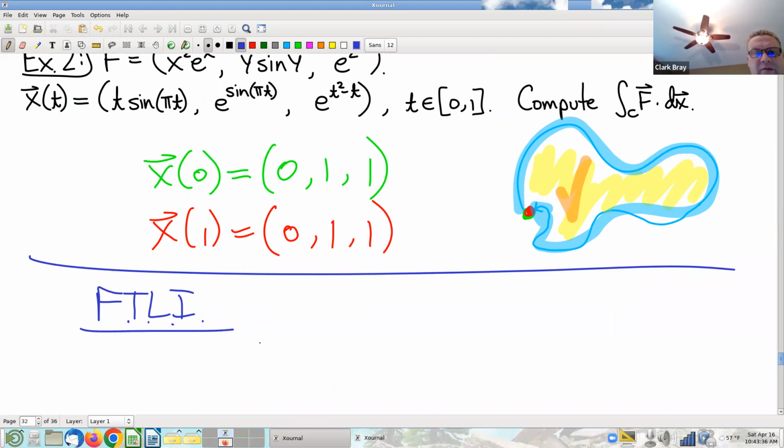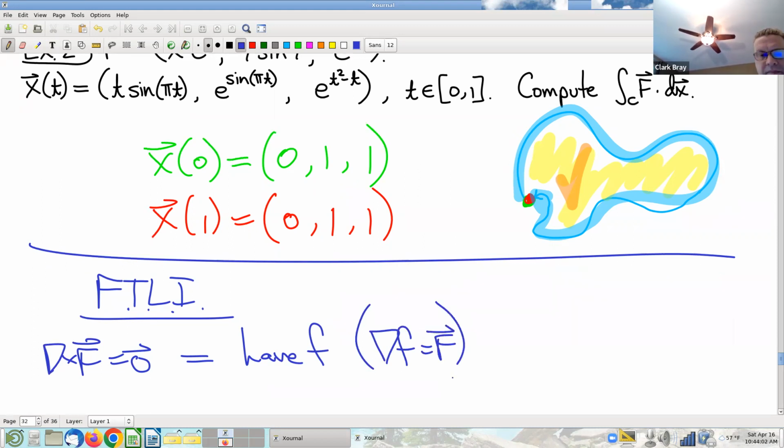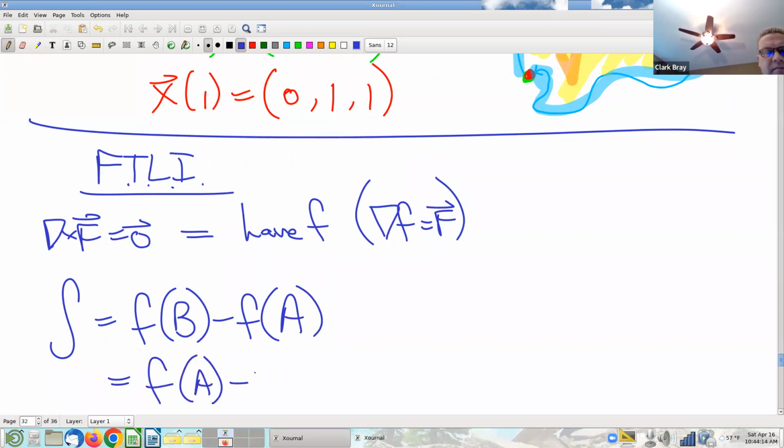Fundamental theorem of line integrals would say that curl is 0, and that implies that we have the anti-gradient, and so our integral is f of b minus f of a, which is f of a minus f of a, which is 0.